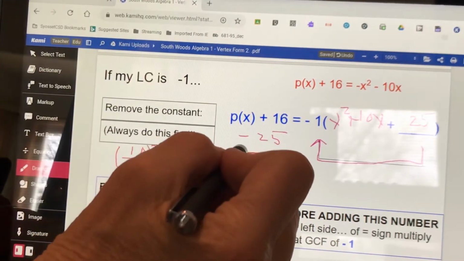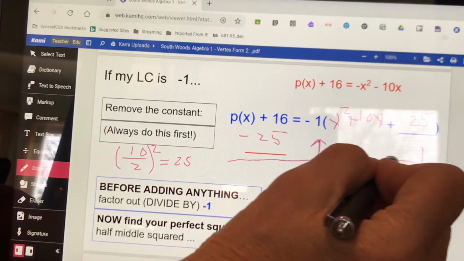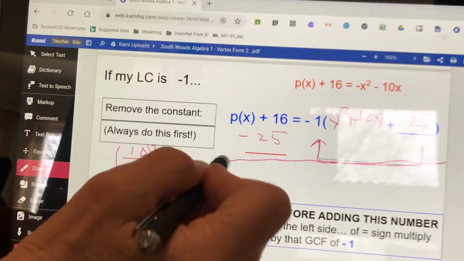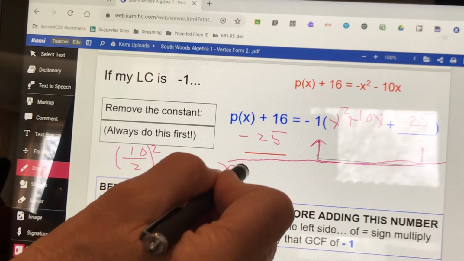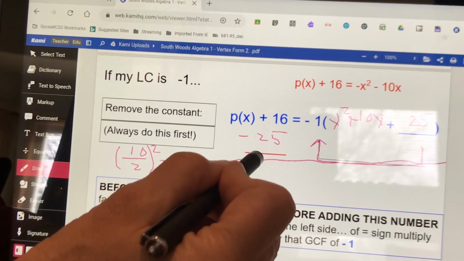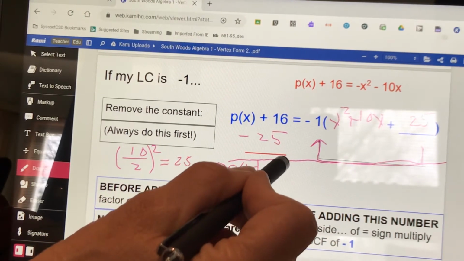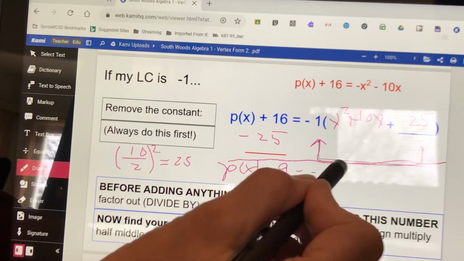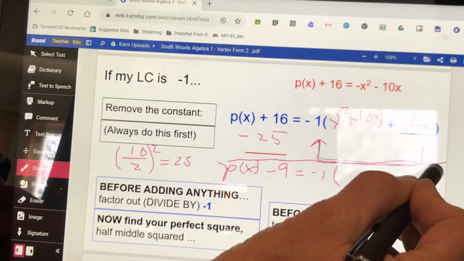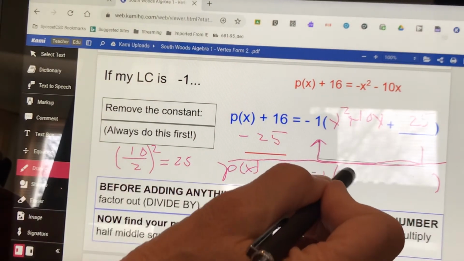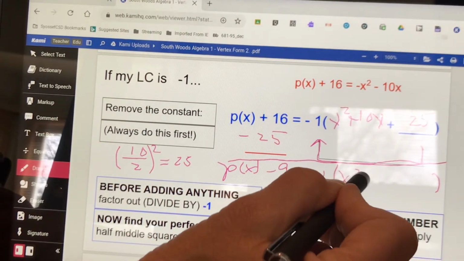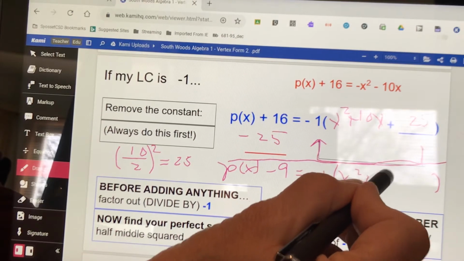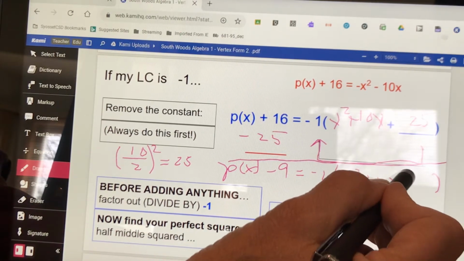Once we've done that, we can add p of x plus 16 minus 25, which gives us p of x minus 9, equals -1. Now we have a perfect square trinomial. X squared plus 10x plus 25.